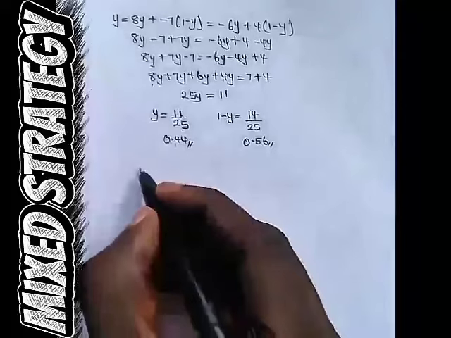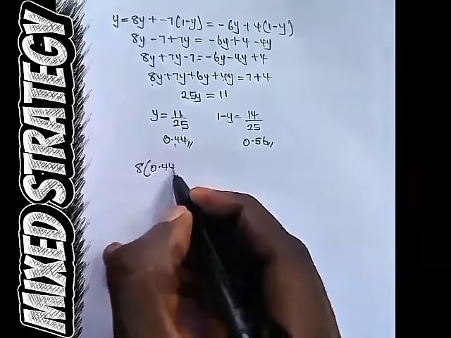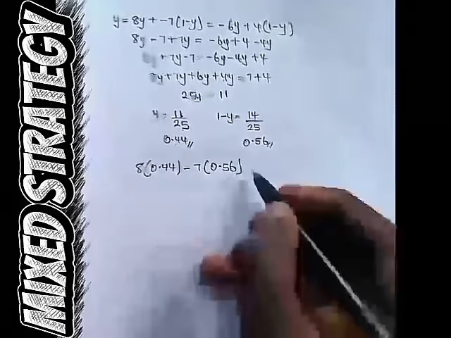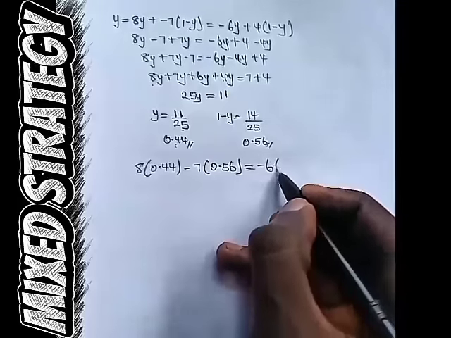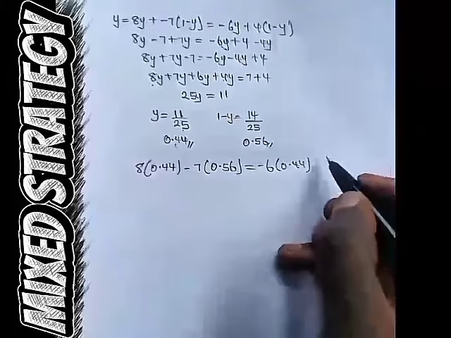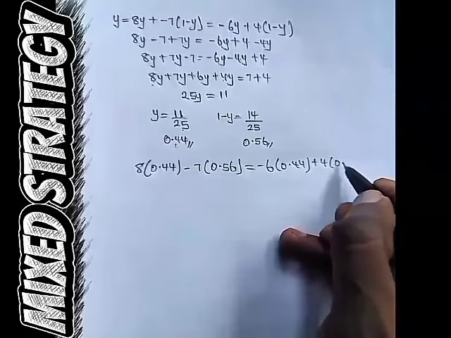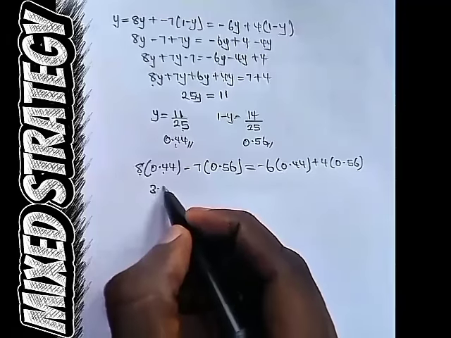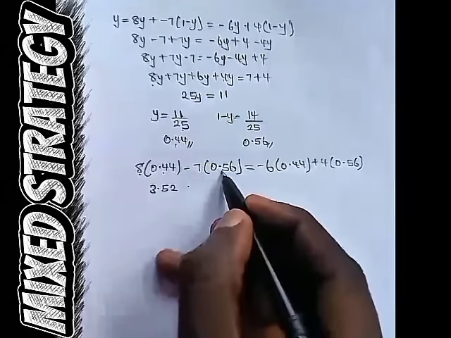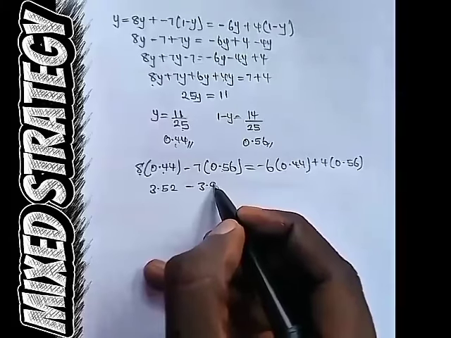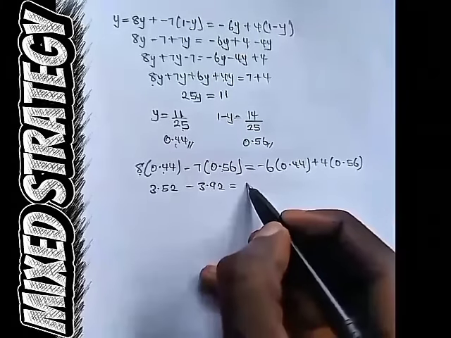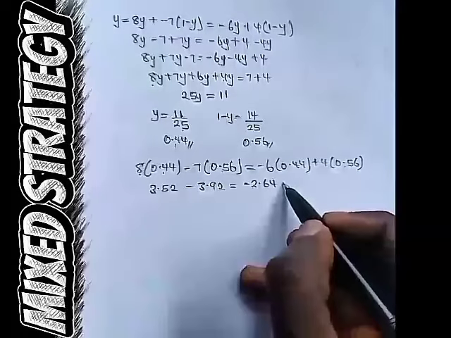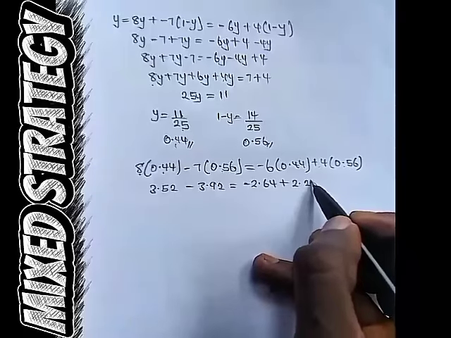So 8 open bracket of 0.44 minus 7 open bracket of 0.56 equals to minus 6 open bracket of 0.44 plus 4 open bracket of 0.56. 8 multiplied by 0.44 is 3.52, minus 7 multiplied by 0.56 is minus 3.92, minus 7 multiplied by 0.44 is minus 2.64, minus 4 multiplied by 0.56 is plus 2.24.